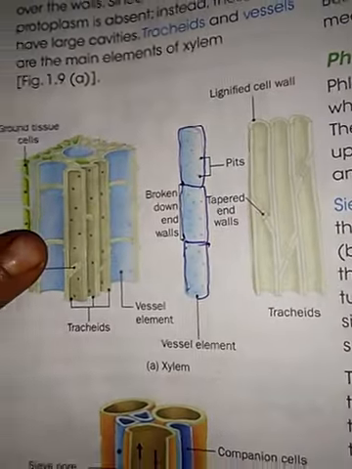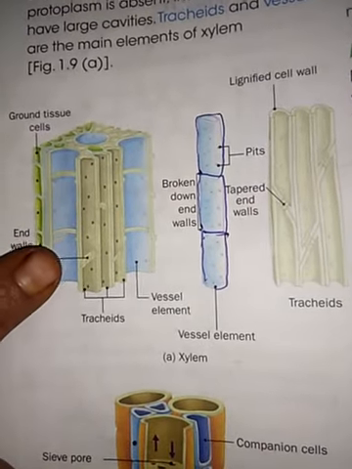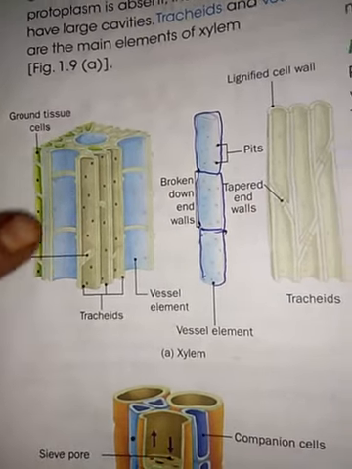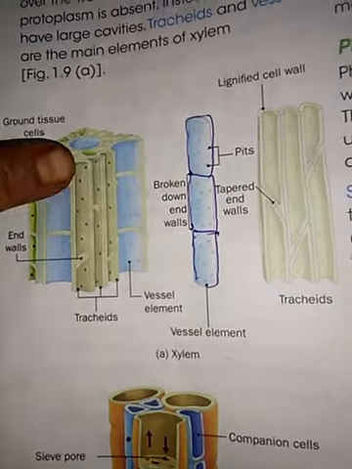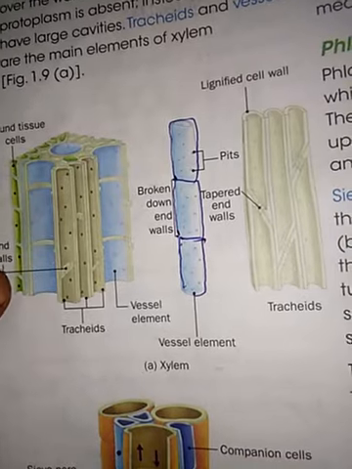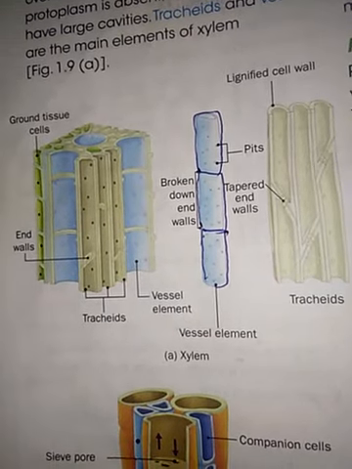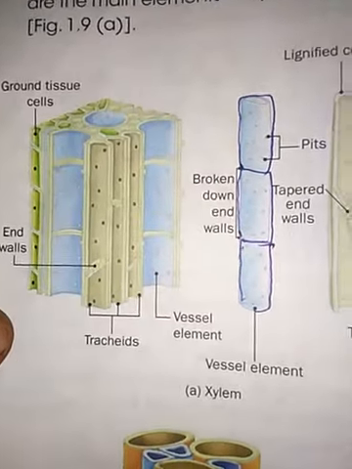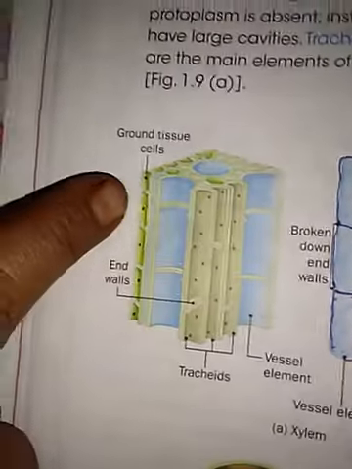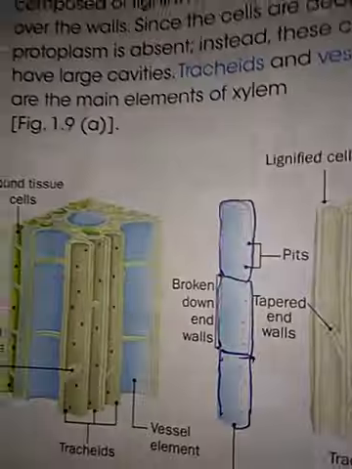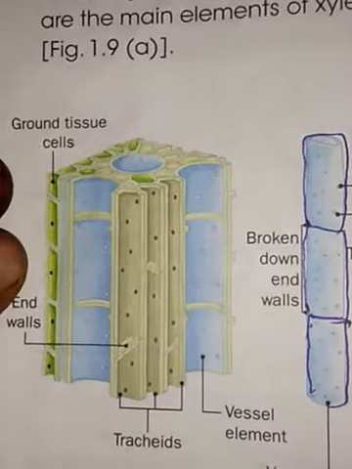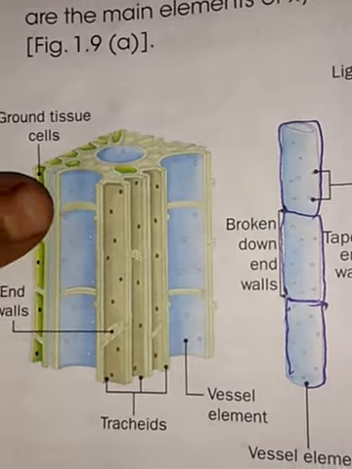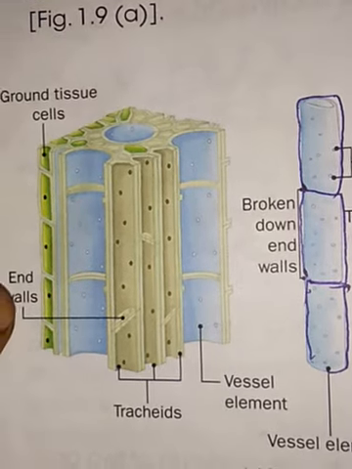See the picture, the xylem. How is it present? It's like a tube, yes or no? In the xylem, the outer layer is called the cell wall.